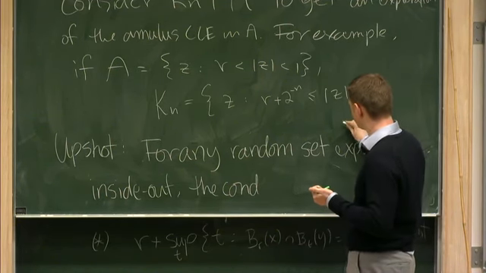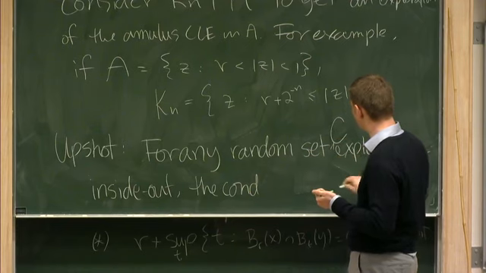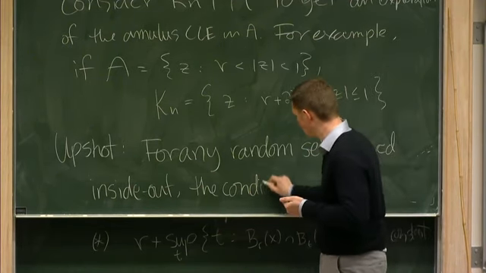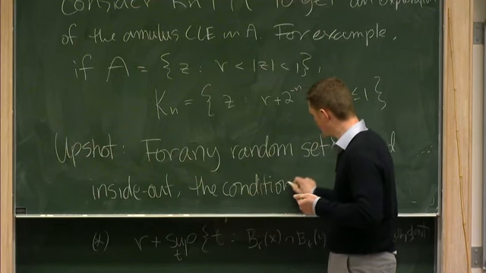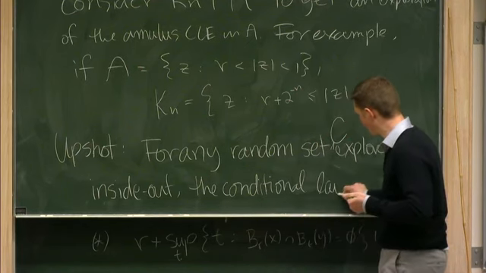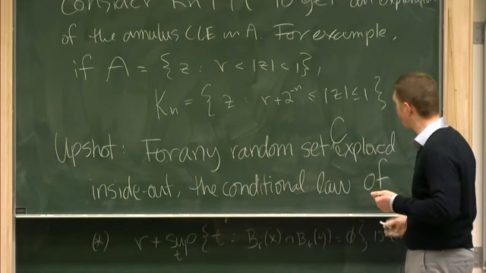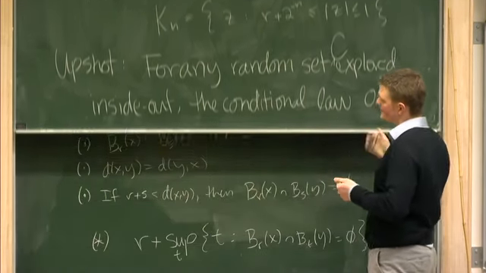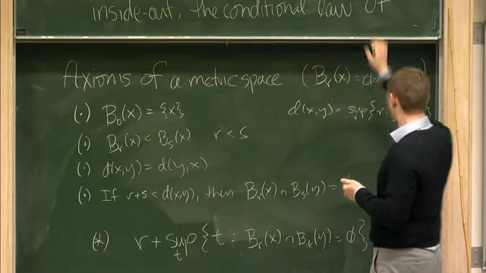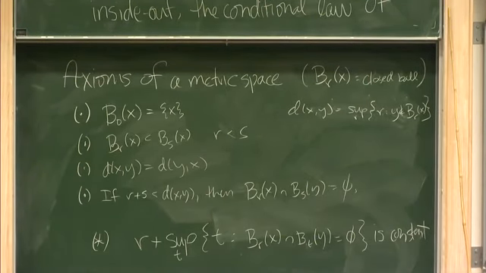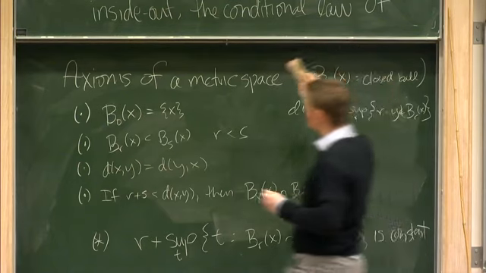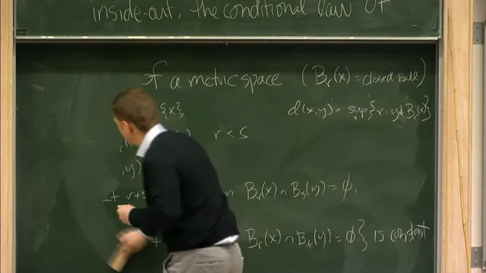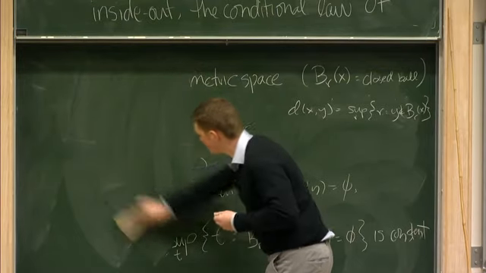C. Right. So for any random set C explored from the inside out, the conditional law of a disk exploration up until the time when it hits C is given by an annulus exploration in the complement of C.